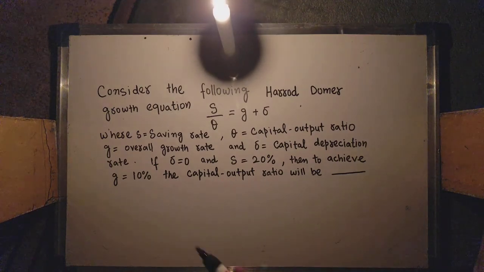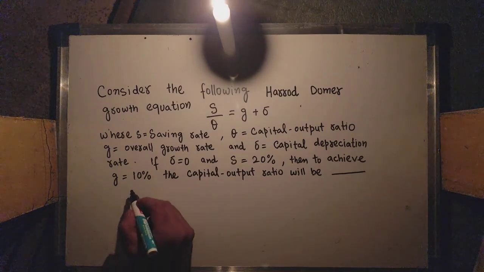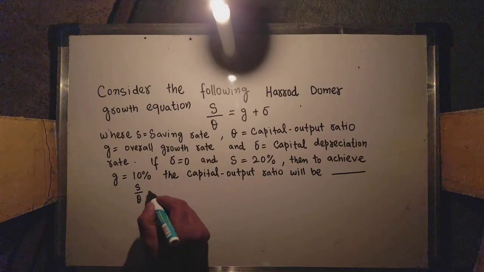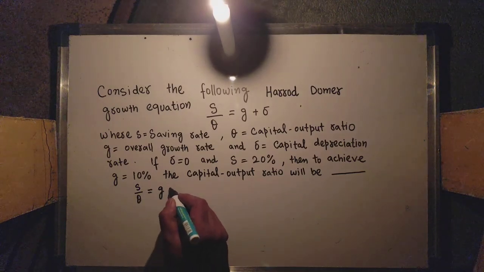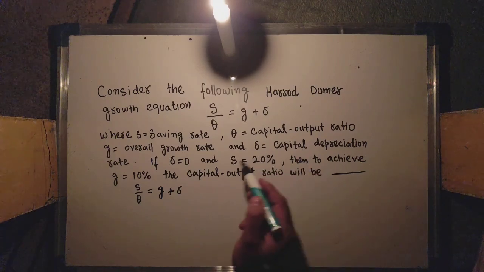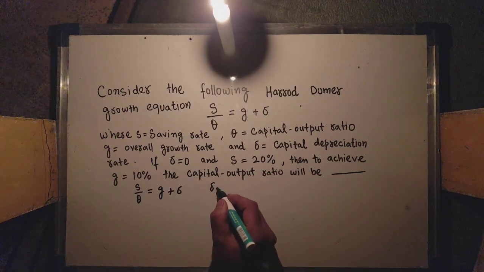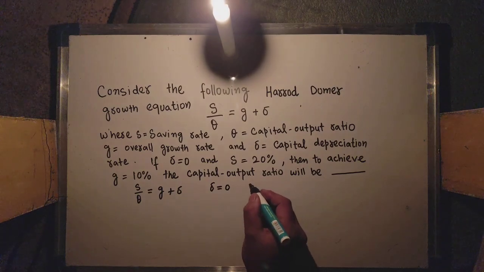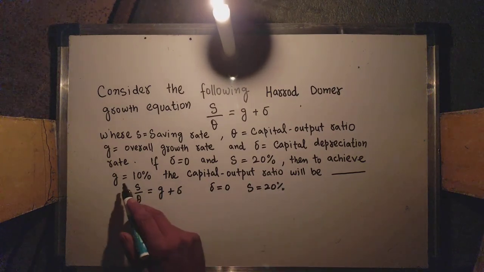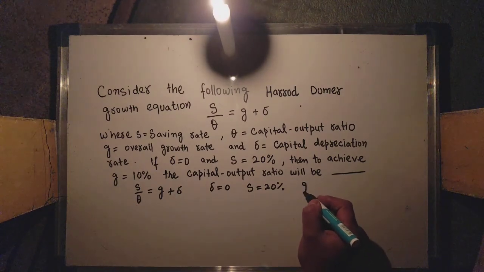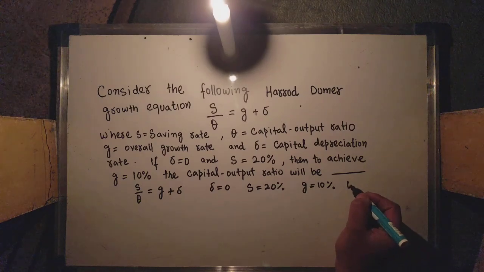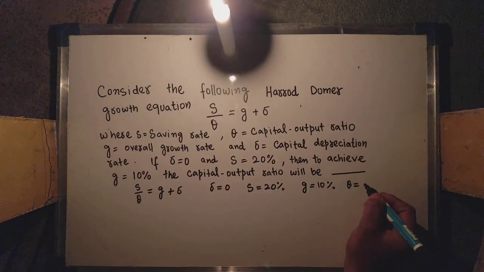Okay, so we are being given the growth equation, that is S upon theta is equal to G plus delta. Also, we are told that the depreciation rate is 0, the savings rate is 20%, and the growth rate in the economy is equal to 10%, and we are supposed to find out the value of the capital output ratio.